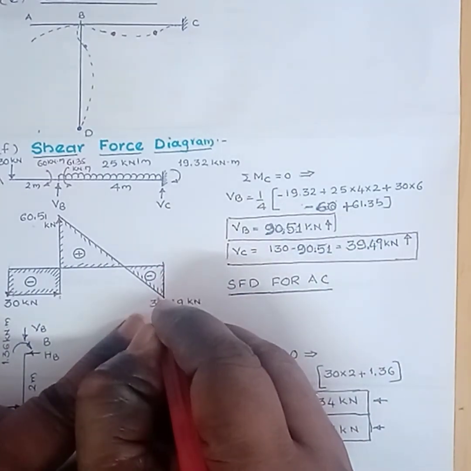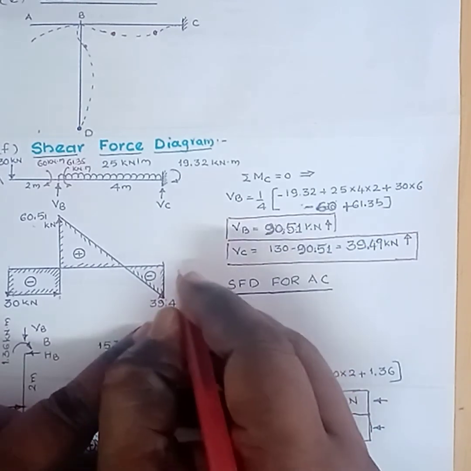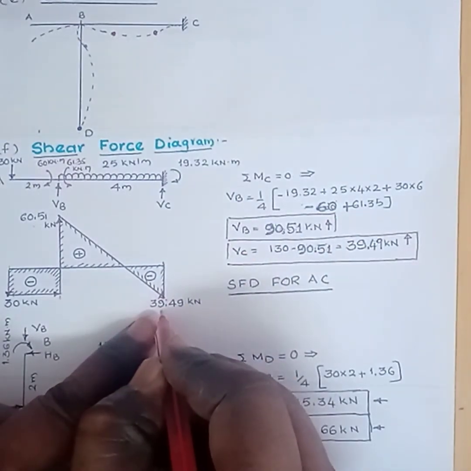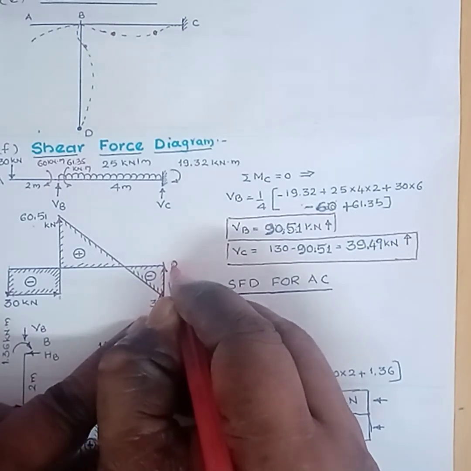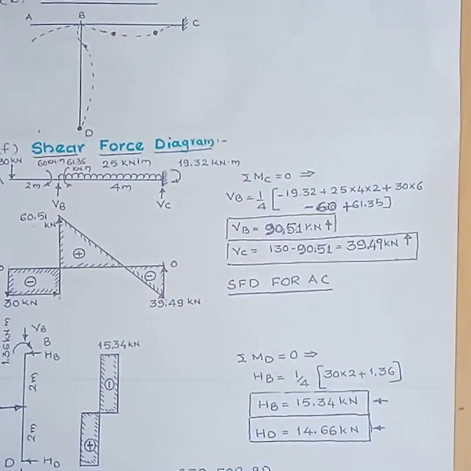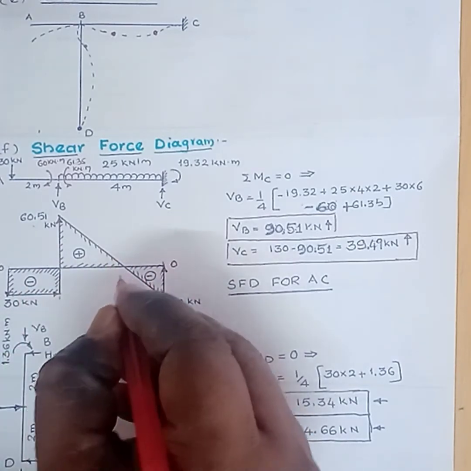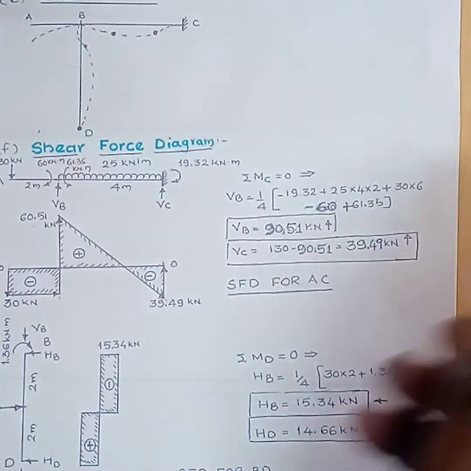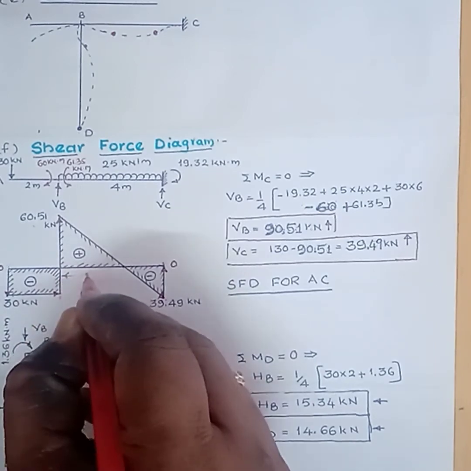Then at this point again there is a support reaction, that is 39.49. Here minus 39.49 plus 39.49 becomes 0. Here this also 0. This is the shear force diagram for span AC. This is positive, this is negative, this is negative. Here this is the point where the bending moment is maximum, at a distance of x from one of the supports.